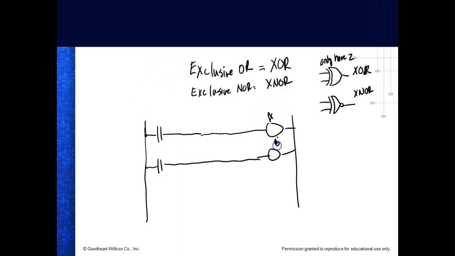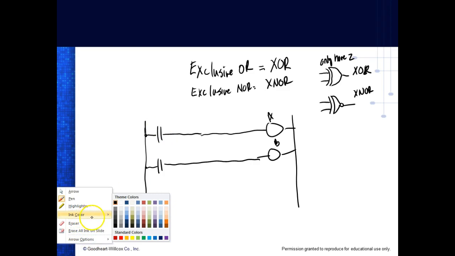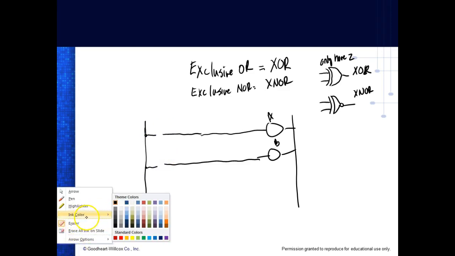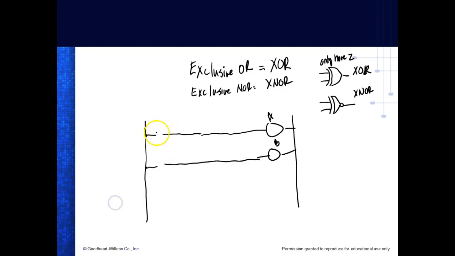Right now we'll just call these A and B. Instead of using PLC symbols, I'll come up and use motor control symbols. Now this is a normally open push button.